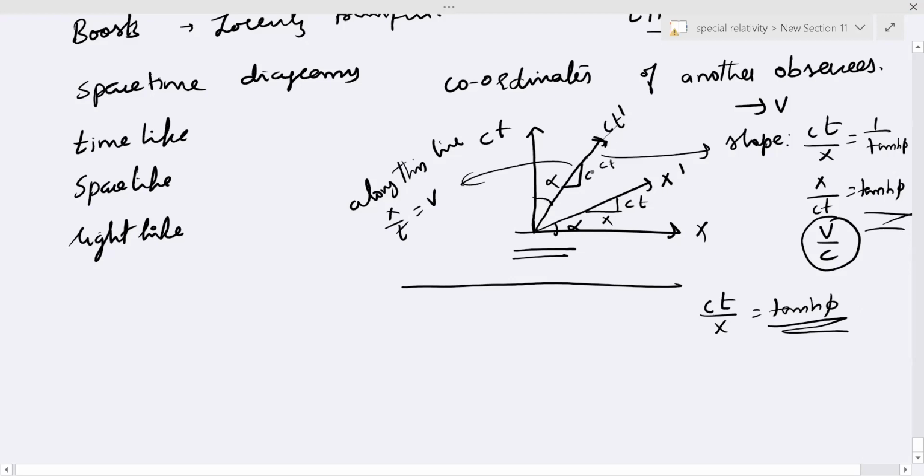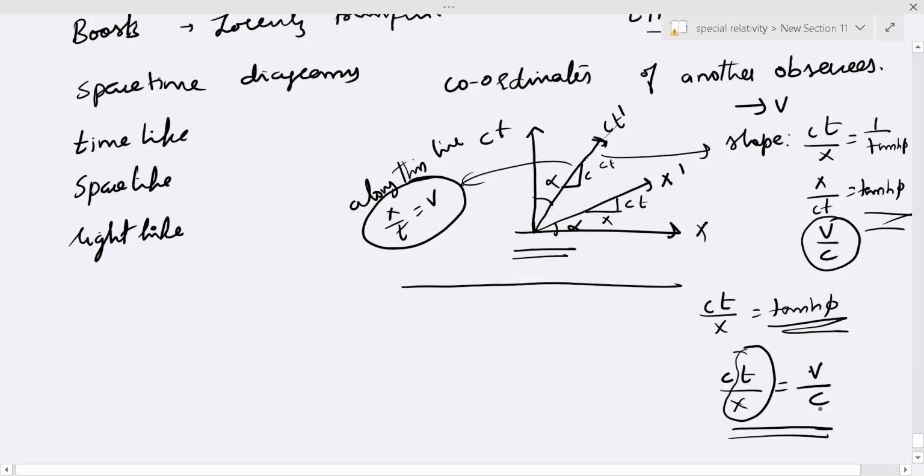And for him, X by CT is equal to V by C, or X by T is equal to V. Along this line, the slope is X by T equal to V. But if you take this other line, you see that it's CT by X equal to tanh phi is V by C. So over here, T by X is not equal to V. Along this line, T by X is not equal to V. You have to remember this. It looks just the opposite. It's CT by X equal to V by C.